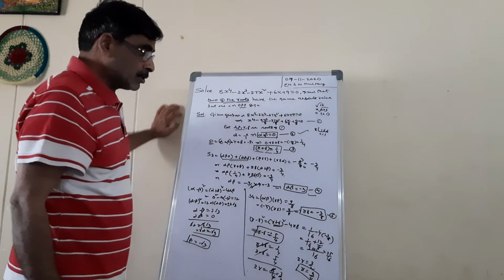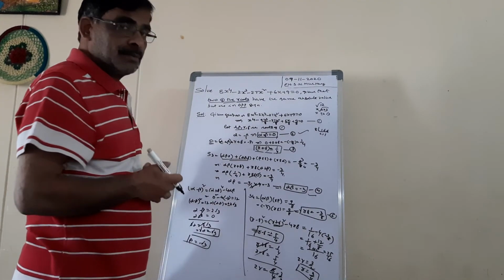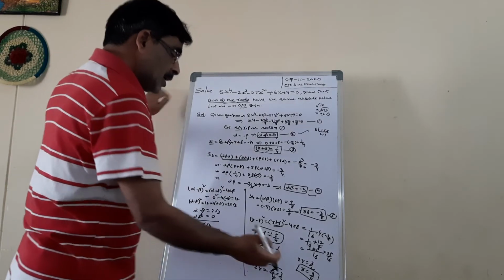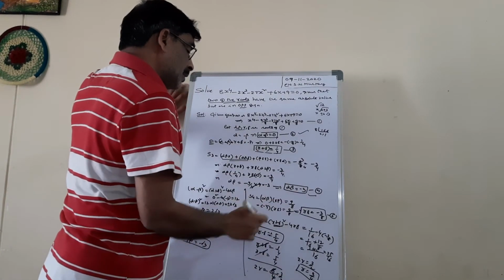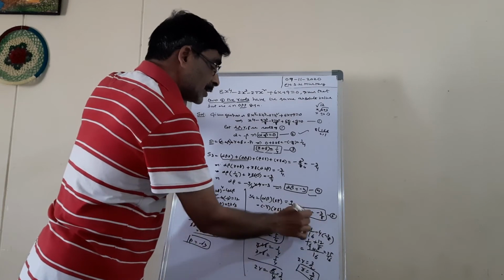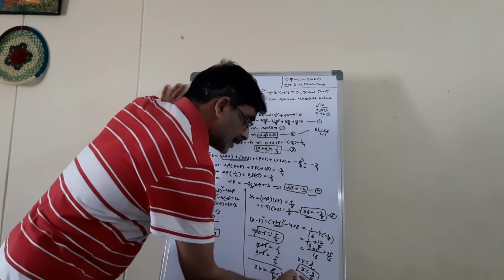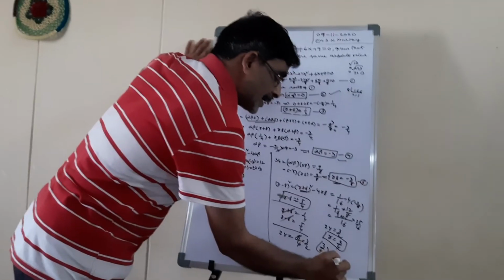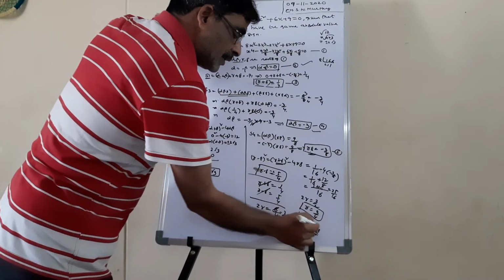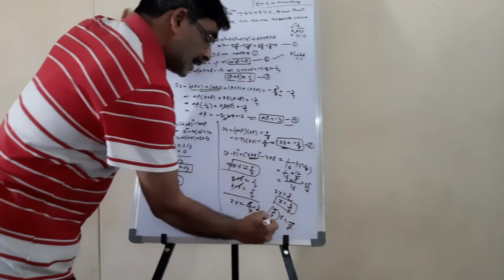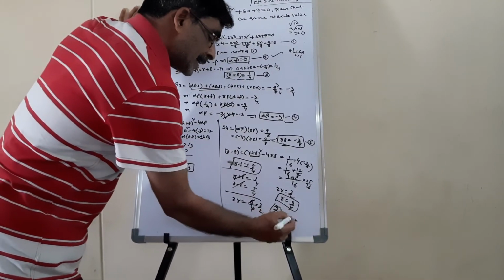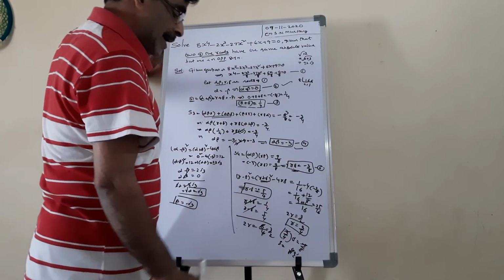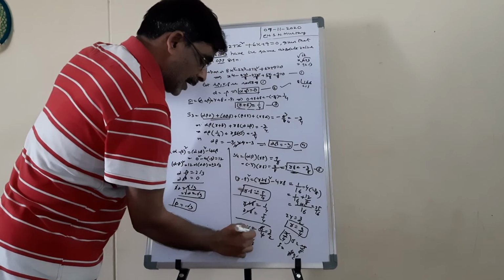Now we have to find the delta value. Substitute in this one: 3 by 4 into delta equal to minus 3 by 8. 3 will be cancelled, so delta equal to 4 by 8, which is 1 by 2.